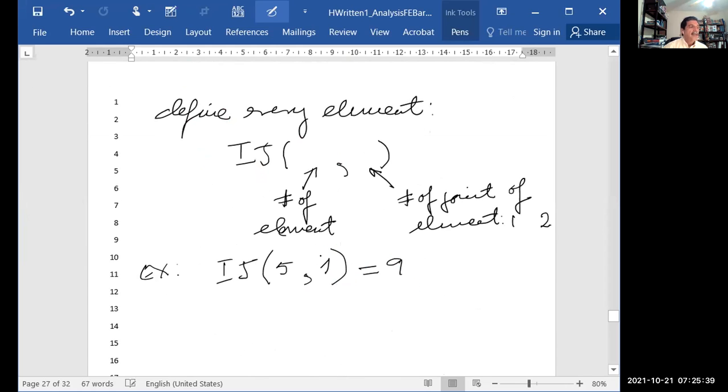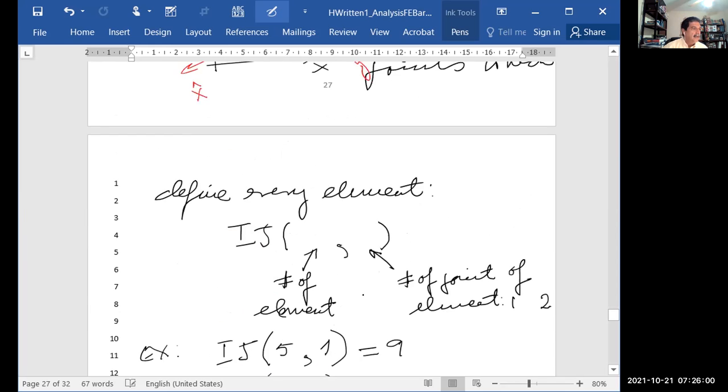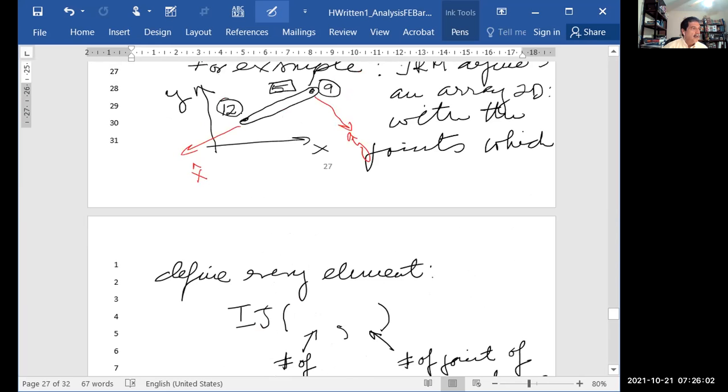So when I read the information for every element, I have to read this information, and also for the same element, for the second joint, I have to read the other, which is 12.